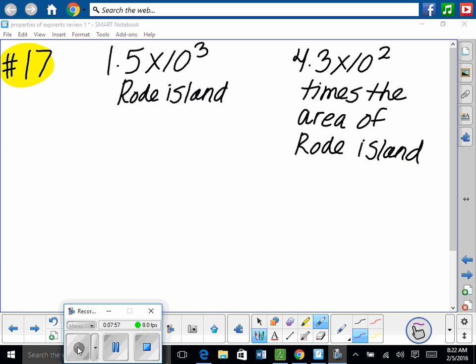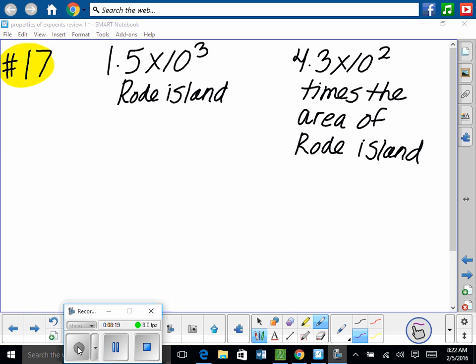So on number 17, if you read it, it says the area of land that Rhode Island covers is approximately 1.5 times 10 to the 3rd square miles. The area of land that Alaska covers is a little more than 4.3 times 10 to the 2nd times the land area of Rhode Island. What's the approximate area of Alaska in square miles?